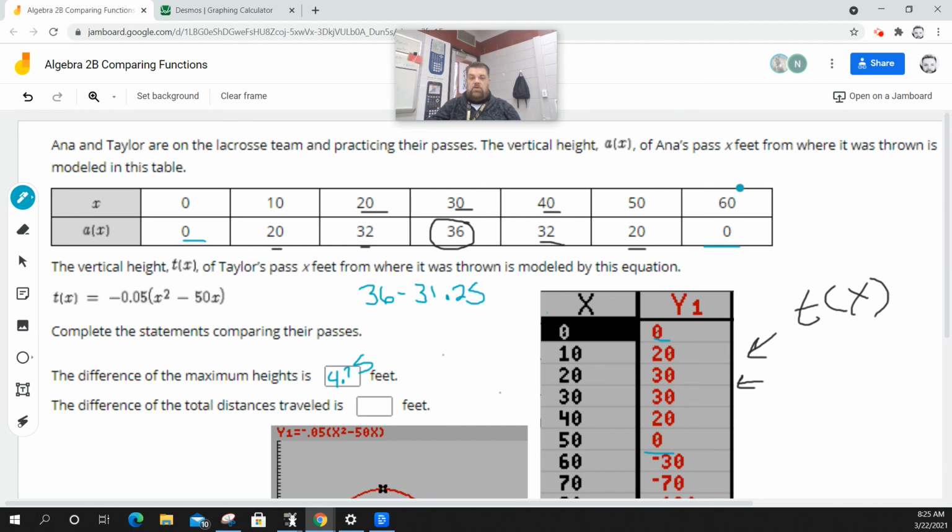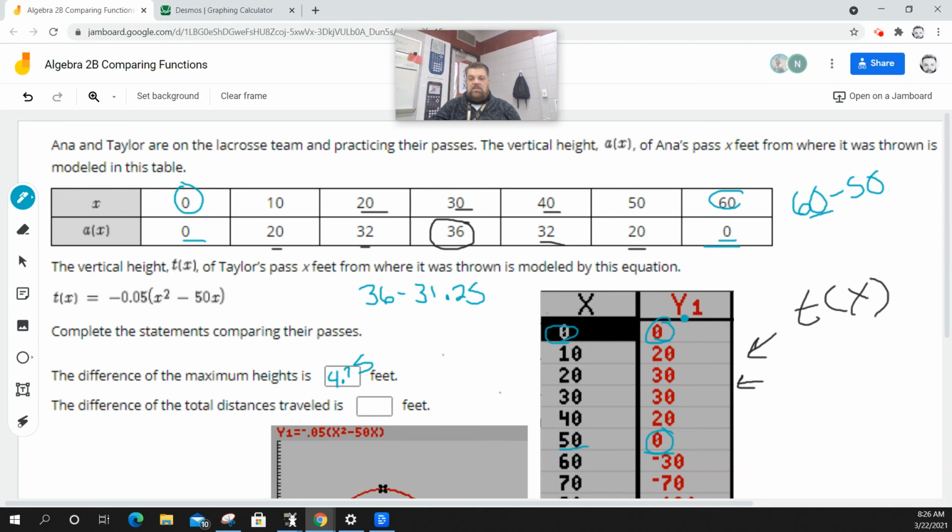So to find the total distance, I'm going to say 60 minus the 50. All right. So for this to go from 0 to 0, it traveled from 0 to 60 feet. So that's where this one comes from. This one went from 0 to 50, where it comes back down on the ground.